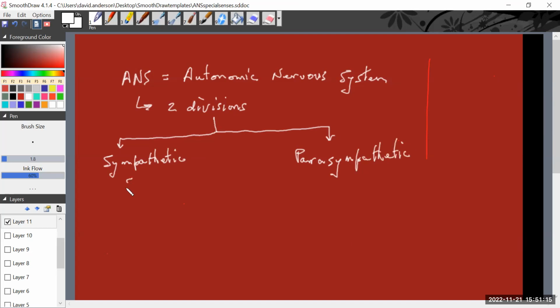This is sometimes abbreviated as the SNS, and this as the PSNS. The sympathetic division is really summarized as the system that's responsible for fight or flight responses.